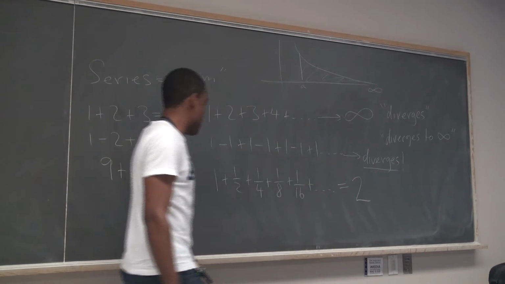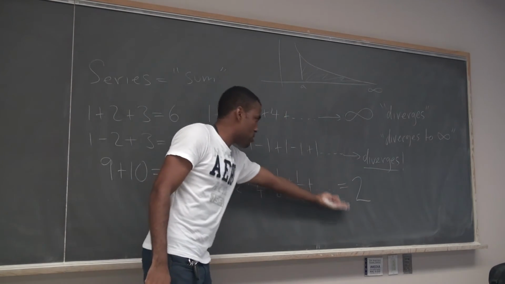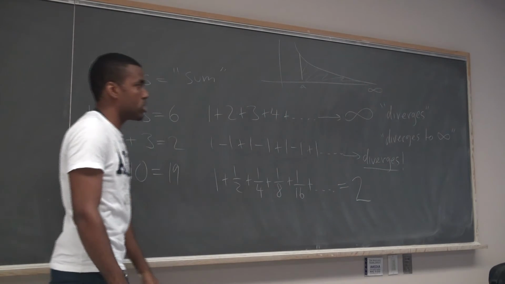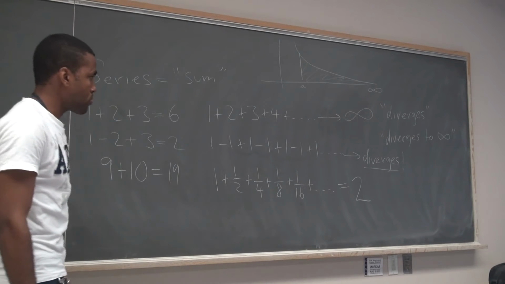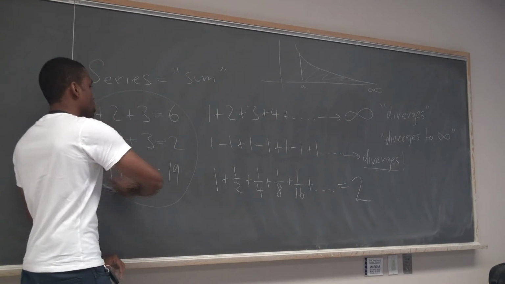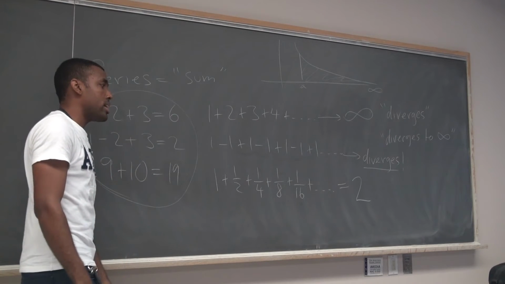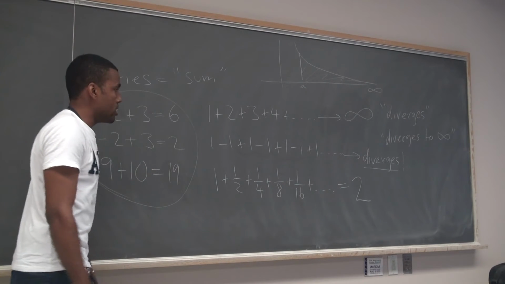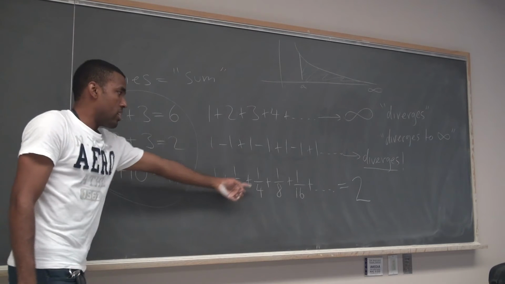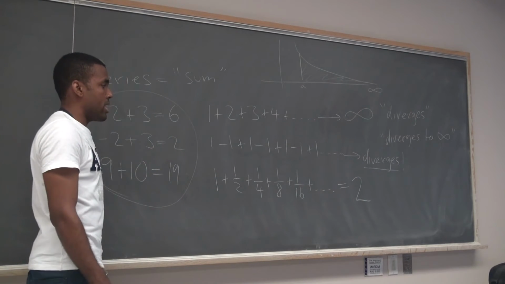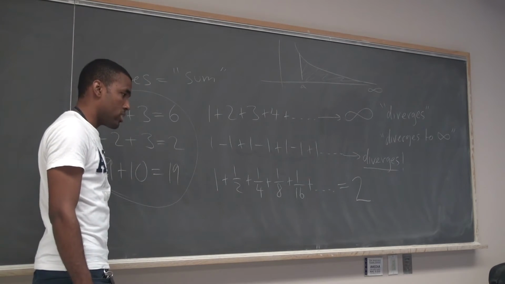You can actually add an infinite number of things and get a finite number, which is sort of strange. So finite series, no problem. Those you punch into your calculator. Infinite series, though, can be a little tricky. And you might think all things that look like this would have an answer, but that's actually not true either.